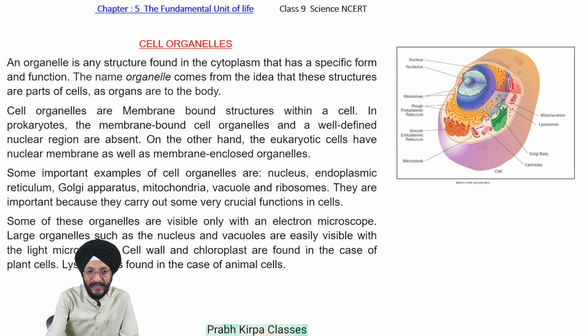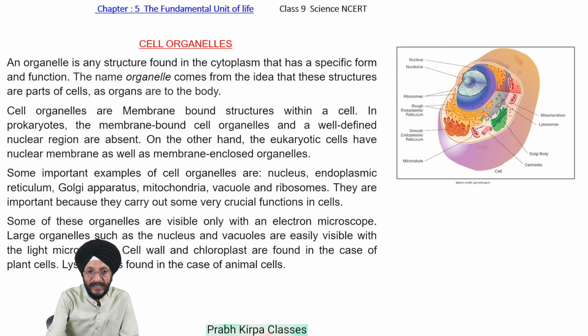Some of these organelles are visible only with an electron microscope. Large organelles such as nucleus, vacuoles are easily visible with the light microscope. Cell wall and chloroplast are found in the case of plant cells. These are not found in the case of animal cells.